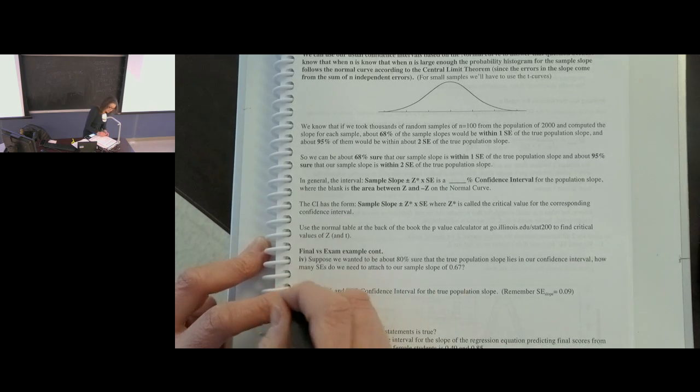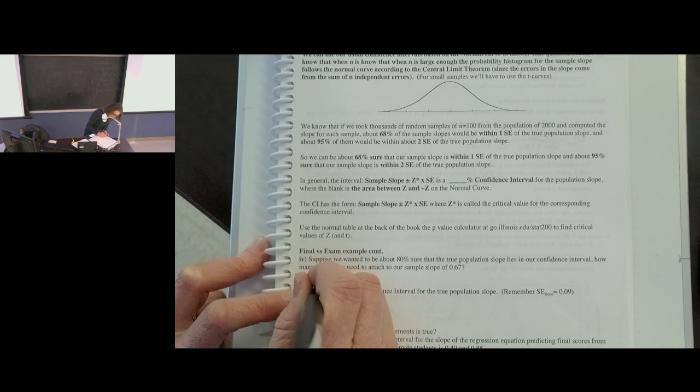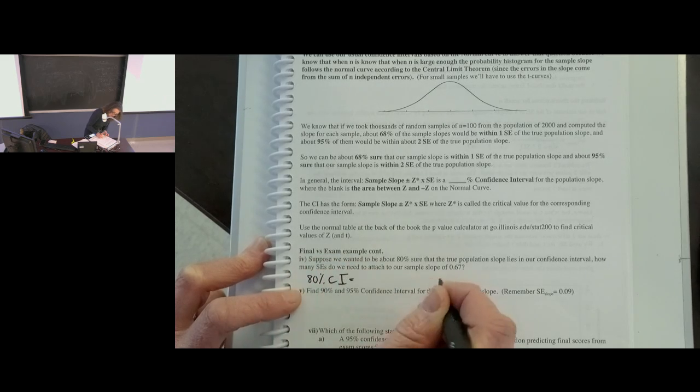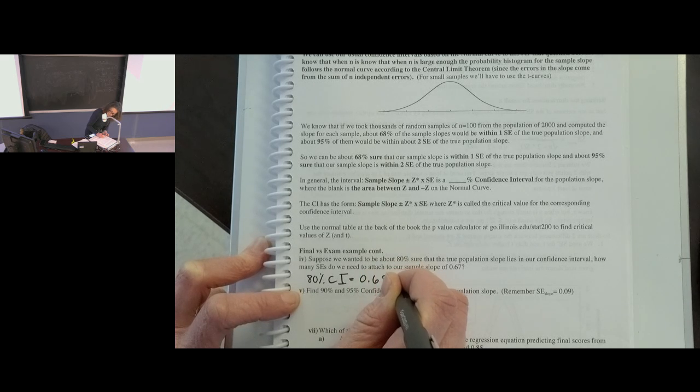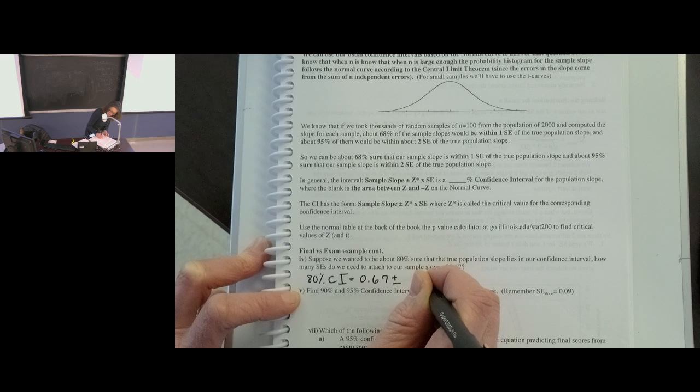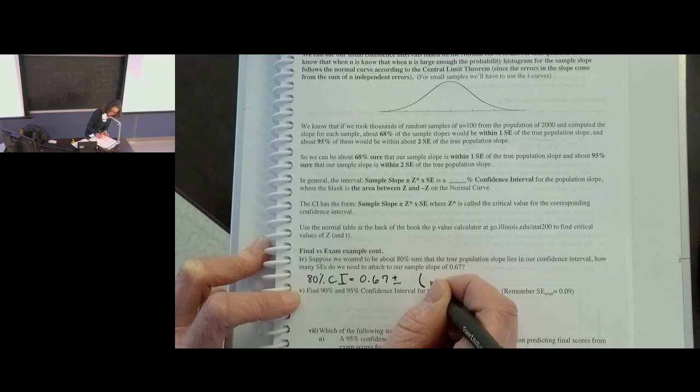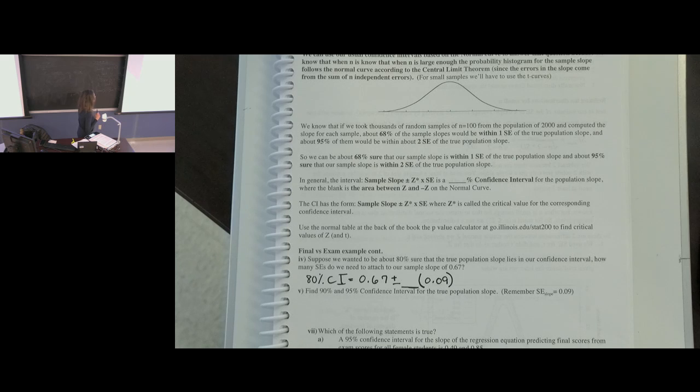Same problem. So we want an 80% confidence interval. That's going to be 0.67 plus and minus something times our standard error for the slope, which was 0.09. And they're just asking us what goes in there.